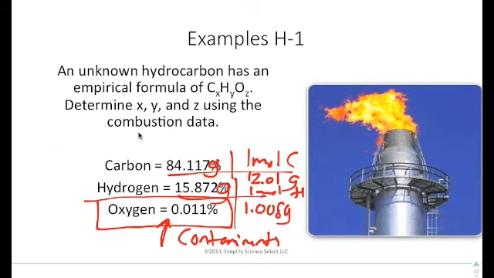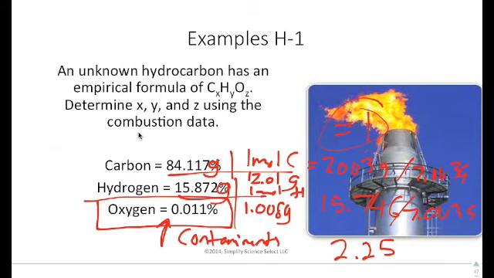Okay, once you do that, you actually get the number of moles, and what we have here is 7.0039, and on the other side we have 15.746. Divide both sides by the smallest one, which is 7.0039, and what you end up with is 1 for carbon, and for hydrogen you get 2.25.